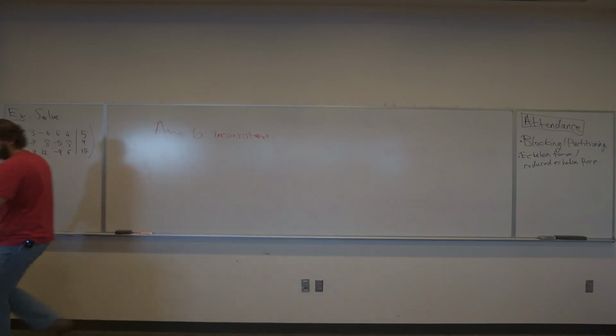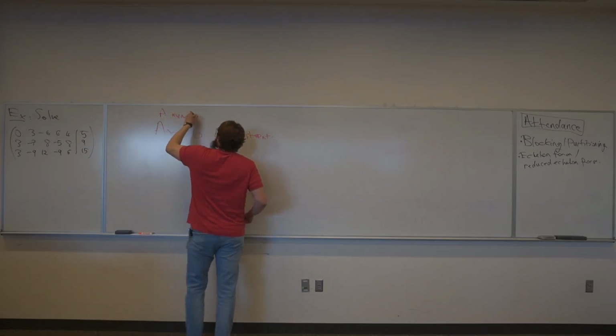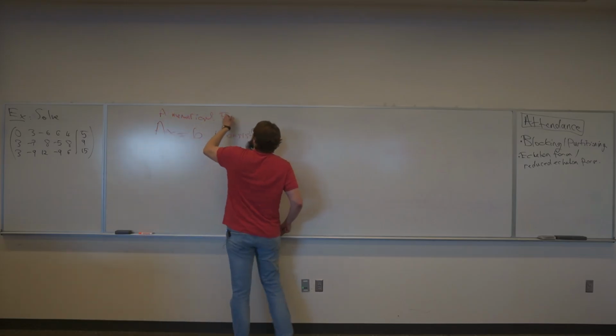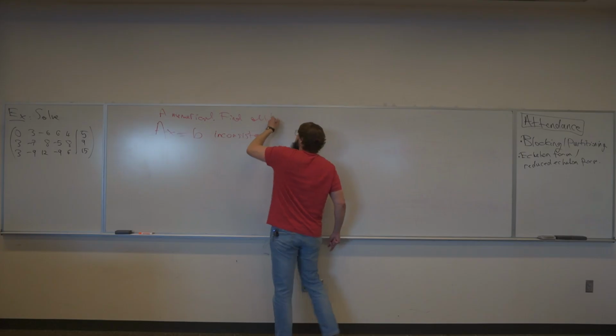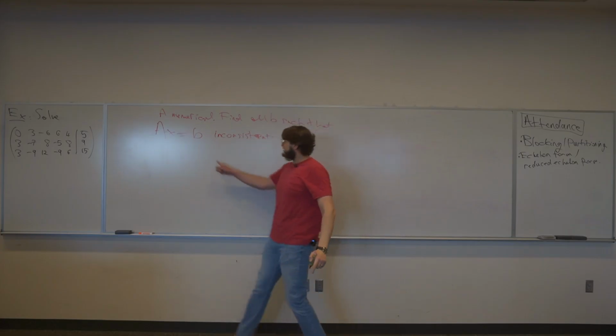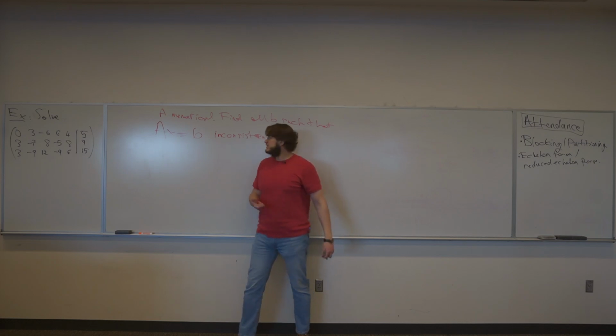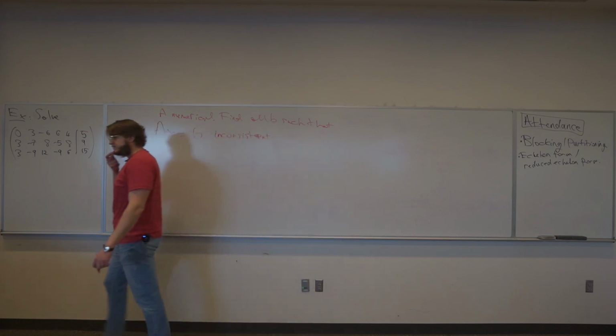So A is numerical. Find all B such that AX equals B is inconsistent.